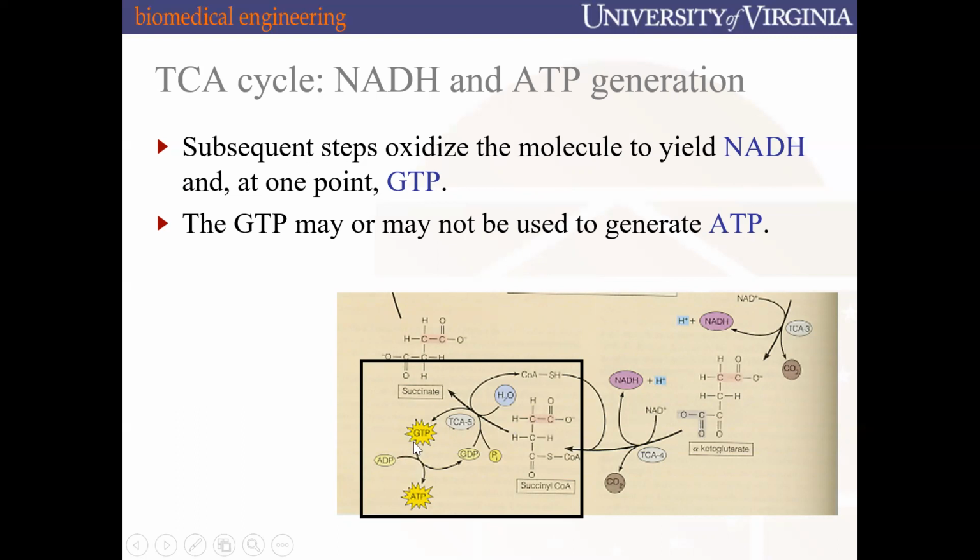As I mentioned, the product of this reaction is GTP. But there are dinucleotide kinases that eventually take a phosphate from GTP and transfer it to an ADP to form one ATP. Because the cleavage of this thiol ester coenzyme group is so highly energized, we can use some of that energy to facilitate the substrate level phosphorylation and generation of one ATP molecule.